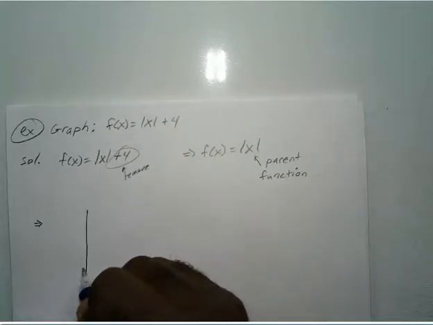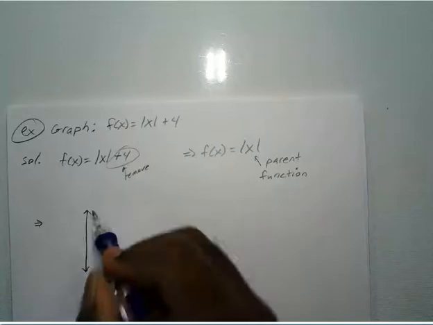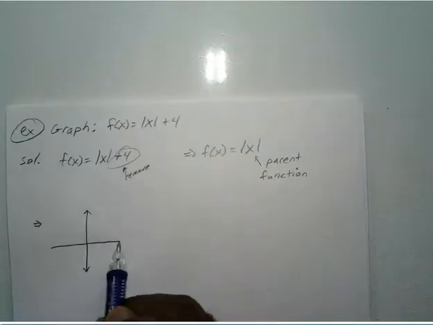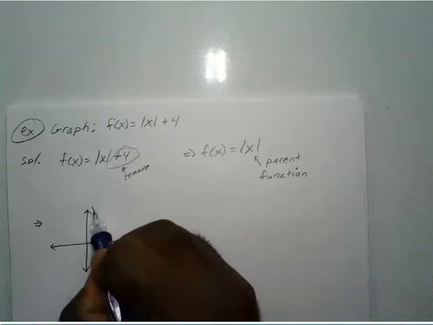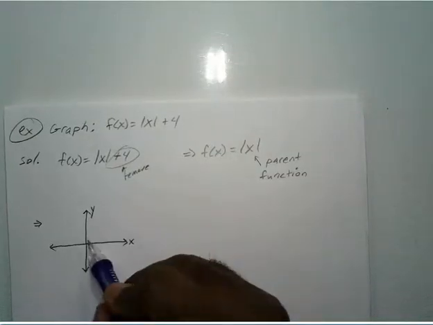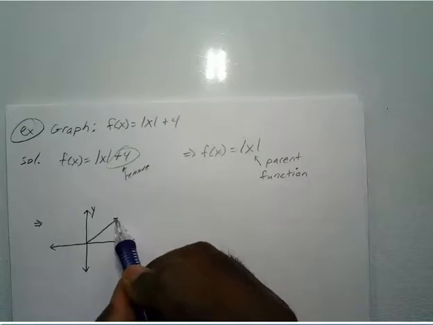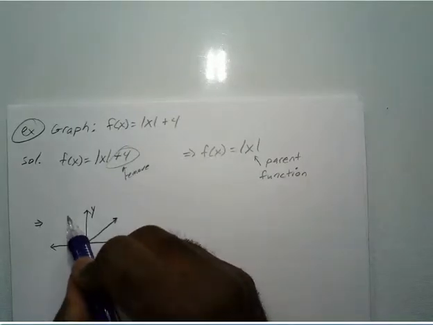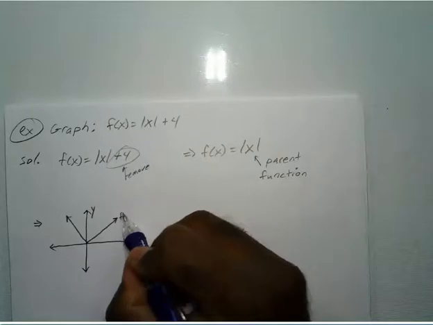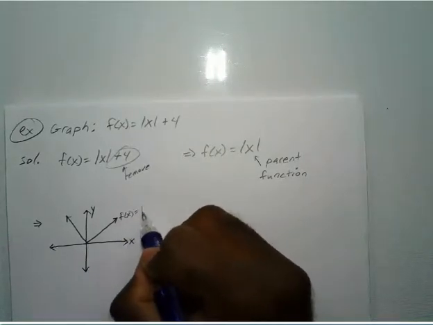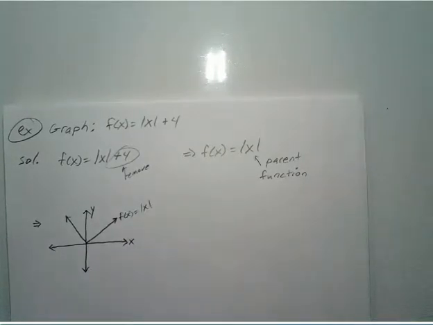And we have our x and y axis. And our f of x equals absolute value of x looks kind of like that.